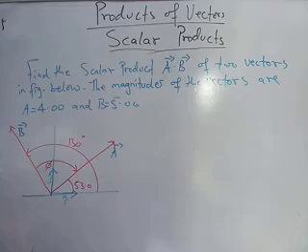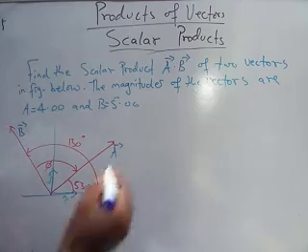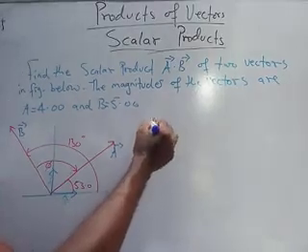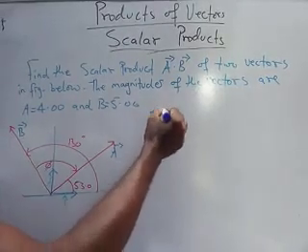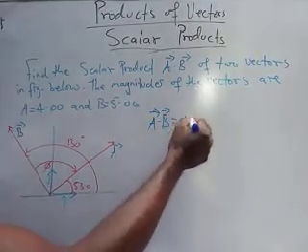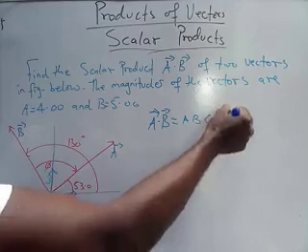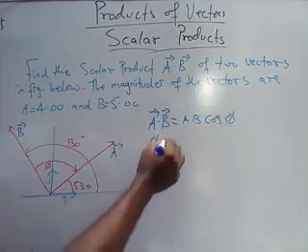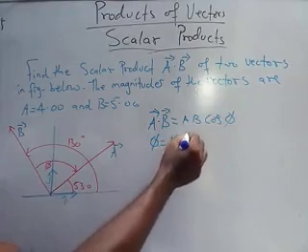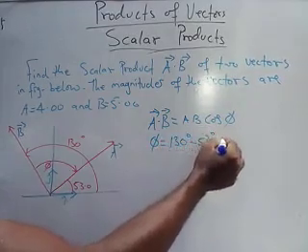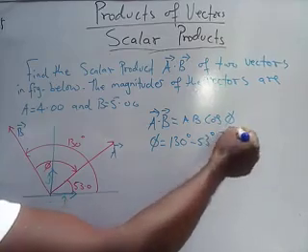We find the scalar product of the vectors. It depends on the formula that you want to use. You can straightforward just write it. Go ahead. Vector A dot vector B equals AB cos phi. Phi is going to be what? 130 degrees minus 53 degrees, which gives us 77 degrees.